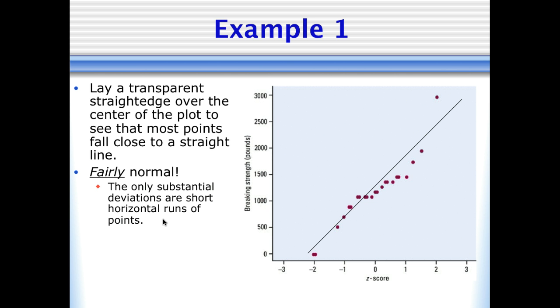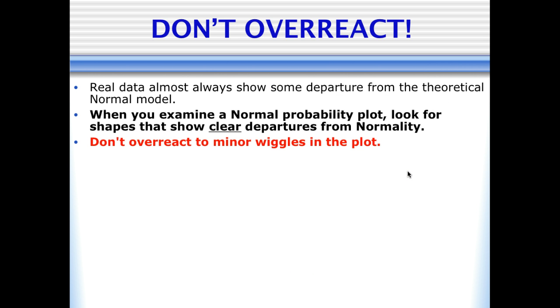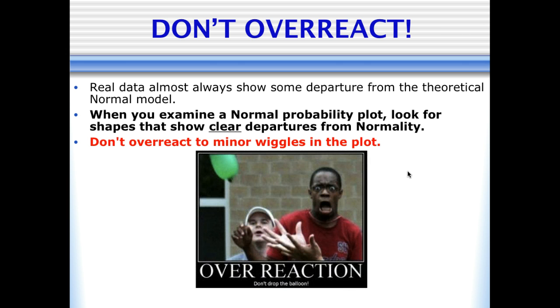The only substantial deviations are short horizontal runs of points, for example, right along here and right along here. So please don't overreact. Real data almost always shows some departure from the theoretical normal model. When you examine a normal probability plot, look for shapes that show clear departures from normality. Don't overreact to minor wiggles in the plot.